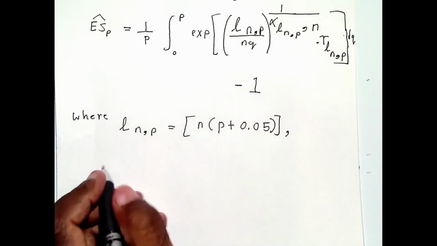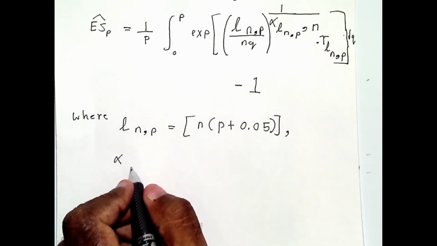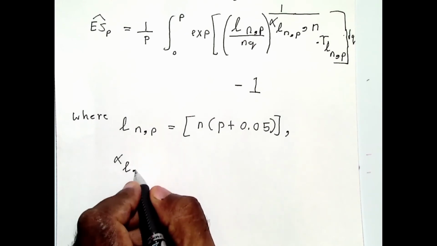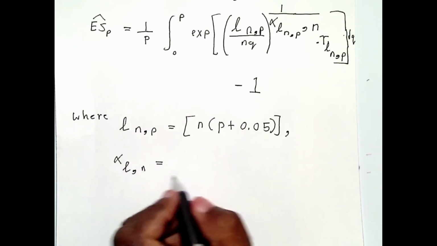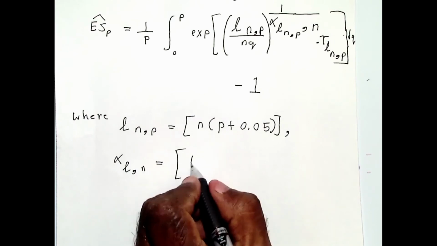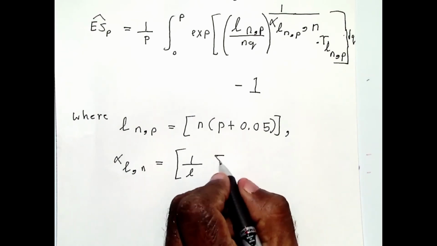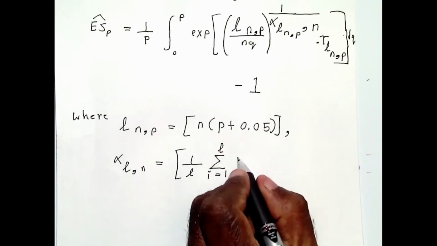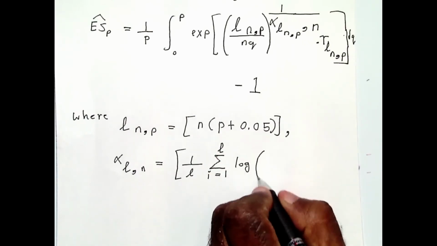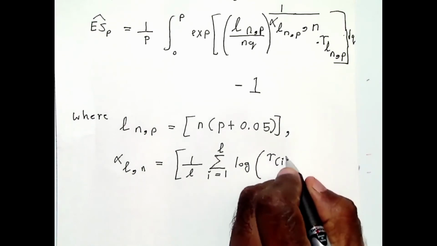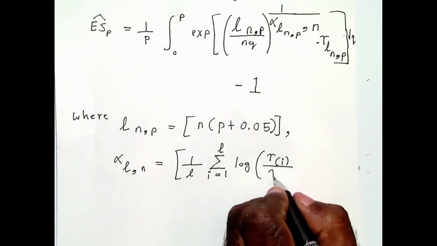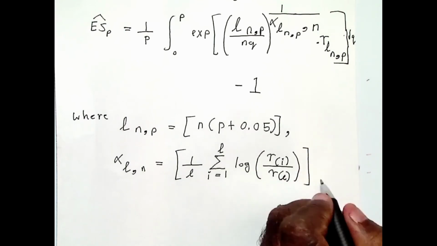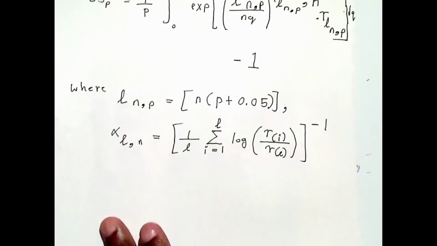And alpha hat L_n is given by this expression here, 1 over L times the sum from 1 to L of the log of this divided by this, to the power minus 1.